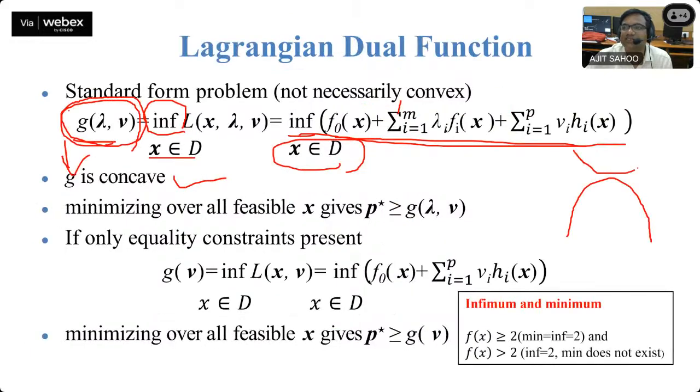The original function is a convex function this way, but when you form the Lagrangian and find the function g, it will come like this way, a concave function. Okay, so now you'll get g.